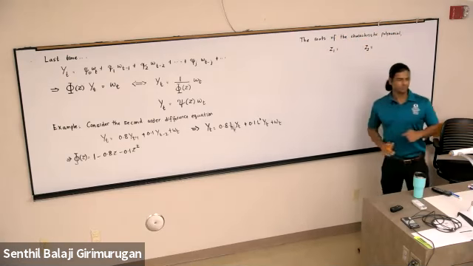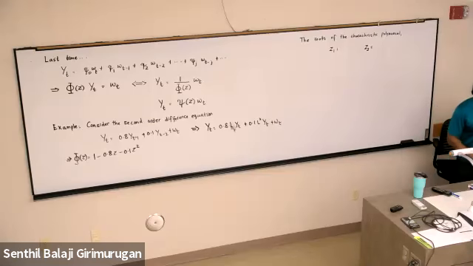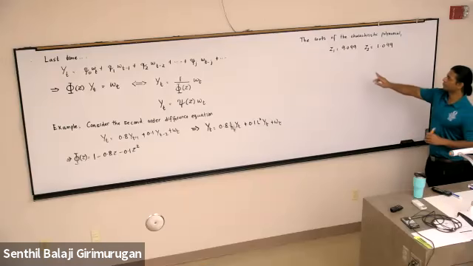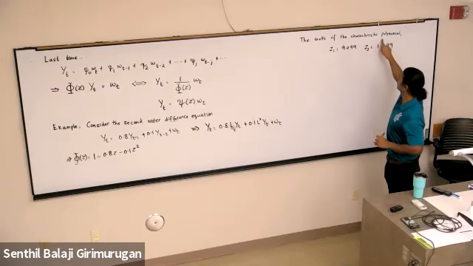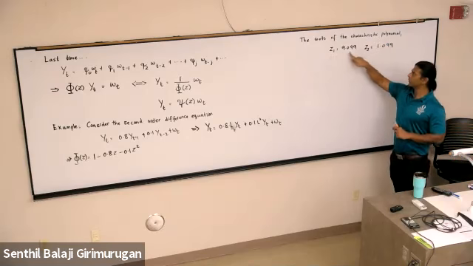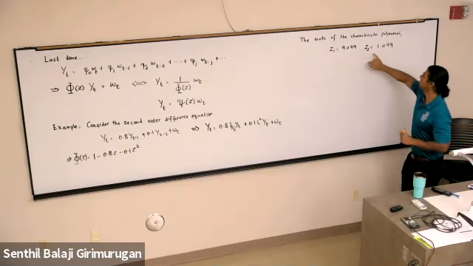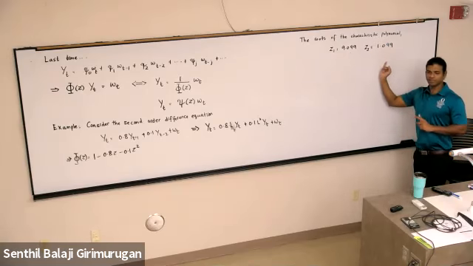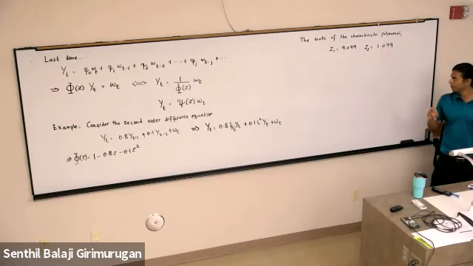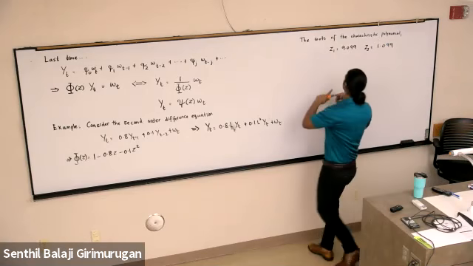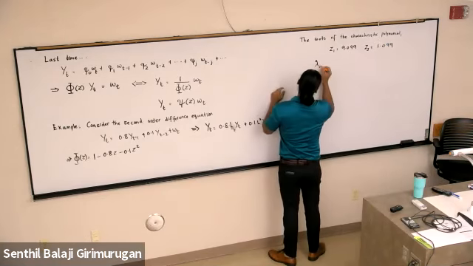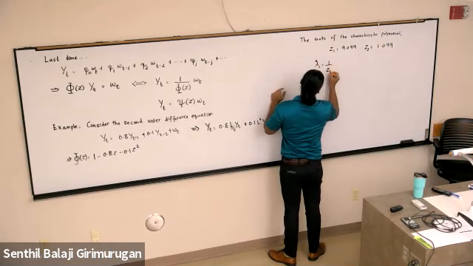Was it 1.0099? So we found the roots of the characteristic polynomial, which was z1 equals 9.099, z2 1.099. If you know the z, how do we find the lambdas? 1 over z1, 1 over z2.